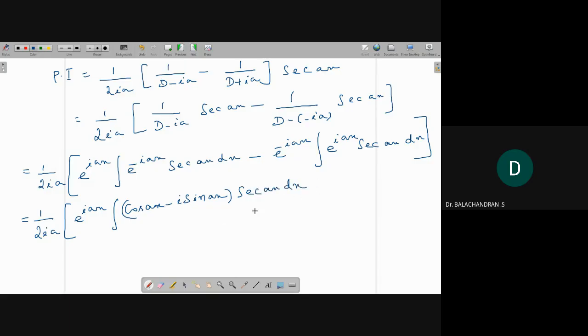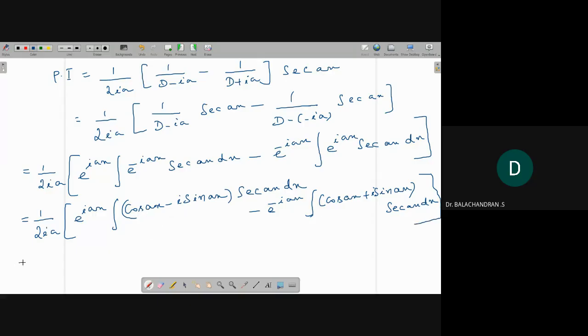Then minus e power minus iax integral cos ax plus i sin ax into secant ax. So 1 by 2ia is common for both the terms.